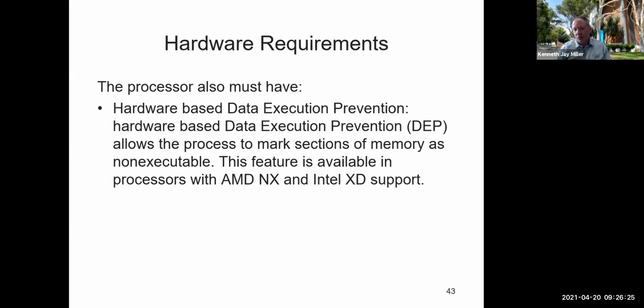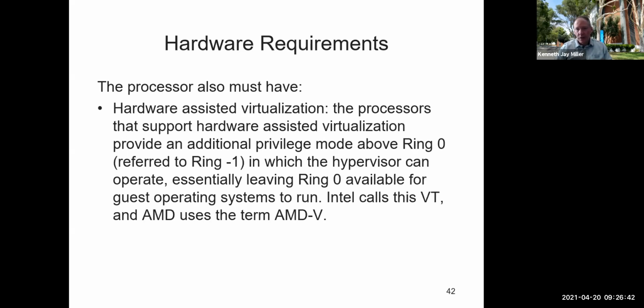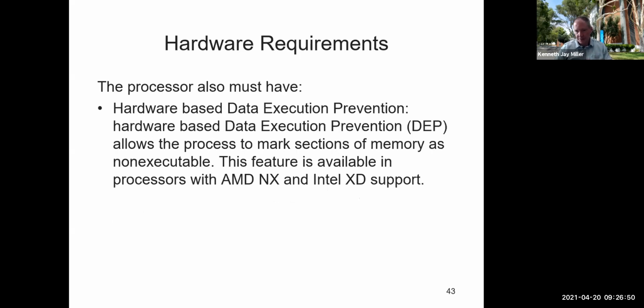Now, in Intel, that's referred to as execution disable or prevention, XD. And then in AMD, it's called NX for not executable. Okay. Now, if your processor has virtual technology, the hardware-assisted virtualization enabled, it will automatically have this.